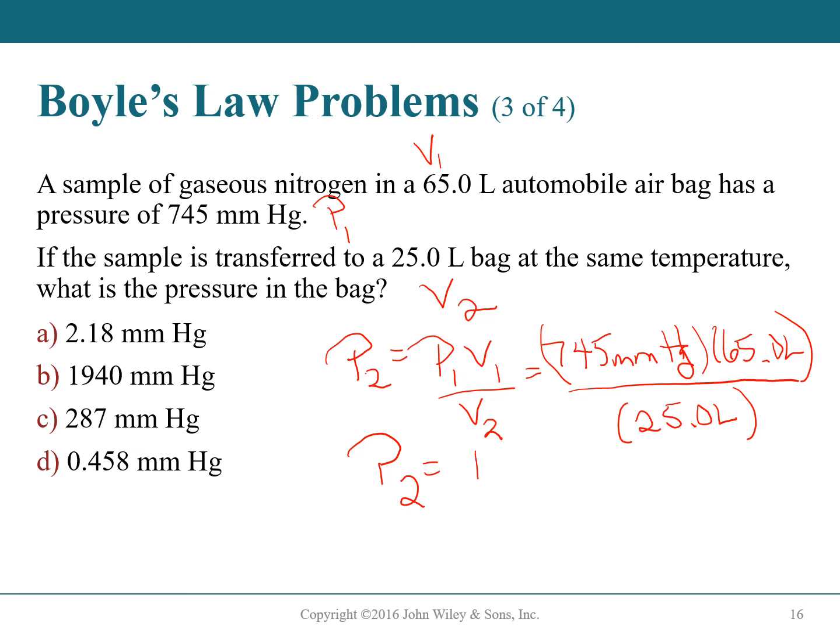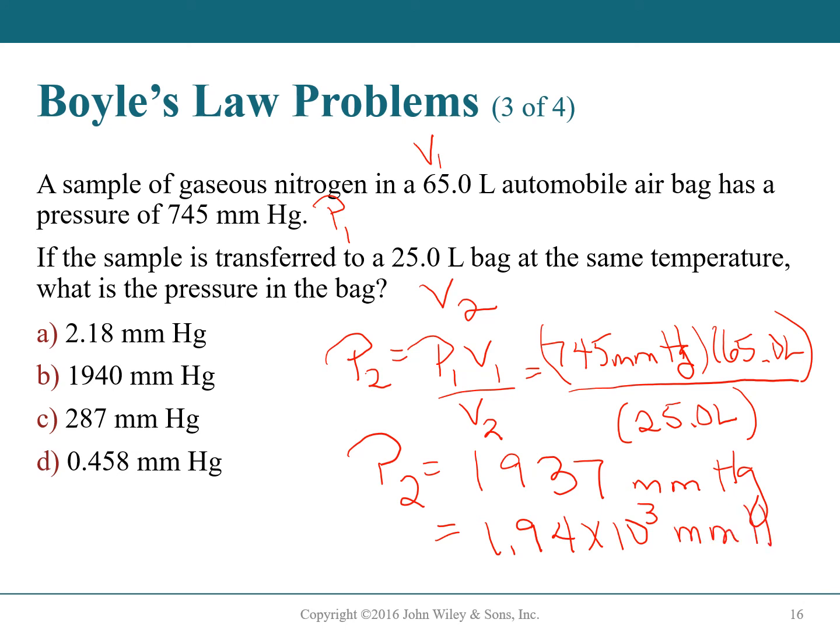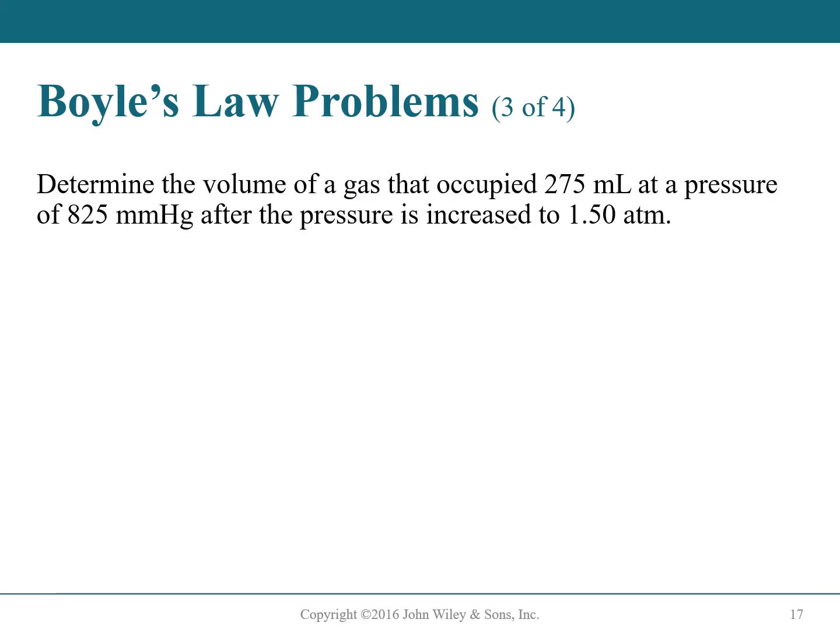And I get 1,937 millimeters mercury. Each of these has 3 significant figures, so you get 1.94 times 10 to the third millimeters mercury, so it's going to be 1,940.